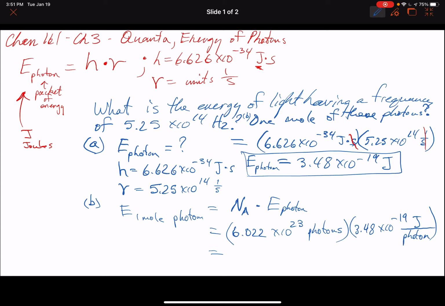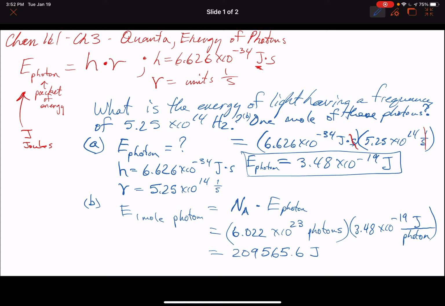So 6.022 E23 times 3.48 E negative 19. And now we have 209,565.6 joules per mole of photons.